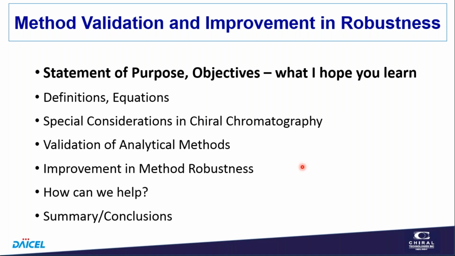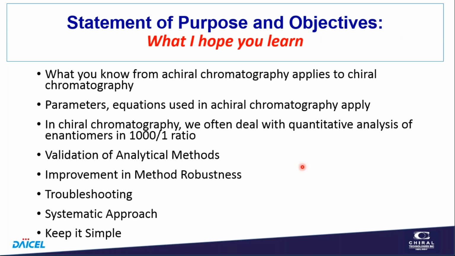So this is what I hope you learn from this talk. What we know about achiral chromatography applies to chiral chromatography. So it's not a magic process. It's governed by the laws of nature and the same principles we see in other forms of chromatography. It's a partitioning of the analyte between a stationary phase and a mobile phase.